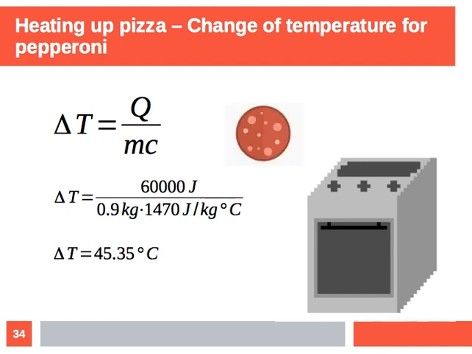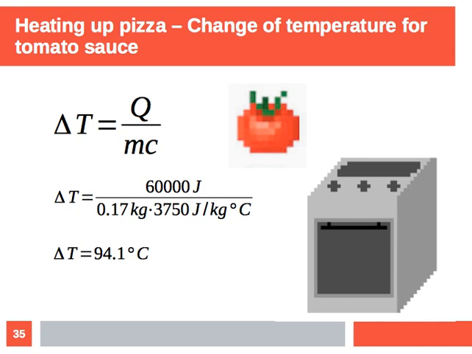Now let's do the same thing for the pepperoni, and we got 45.35 degrees Celsius. I told you that we got 900 grams, which is changed here into kilograms, and we got this amount in degrees Celsius. That's going to be the pepperoni. Now let's go with the tomato sauce. It gave us 94.1 degrees Celsius.